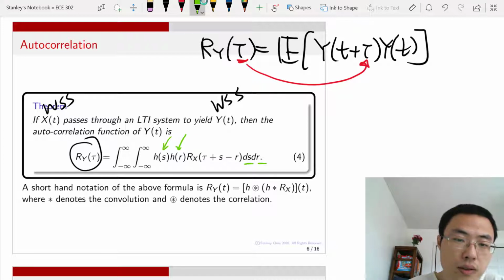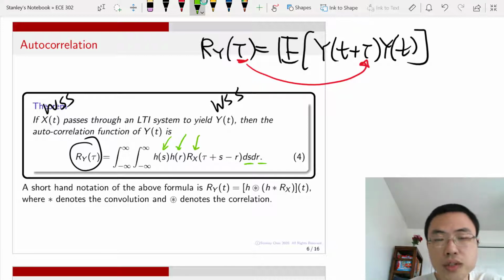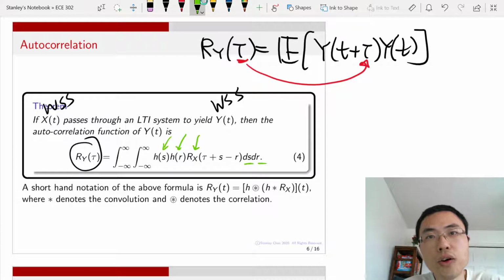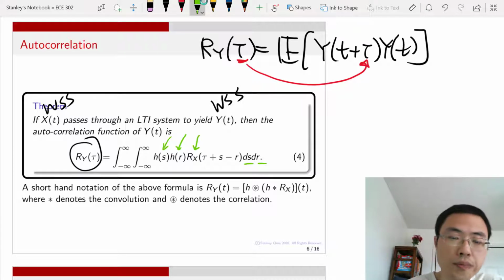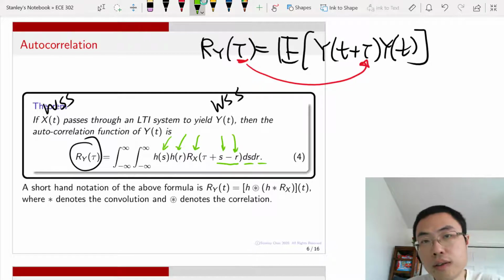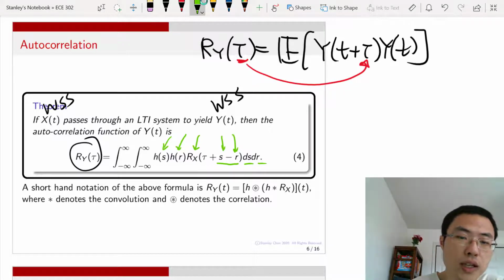In this integration, you can also see that there is the autocorrelation function of X. The indexes that you are integrating over are S and R, changing according to the dummy variables. So how do we understand this equation here?